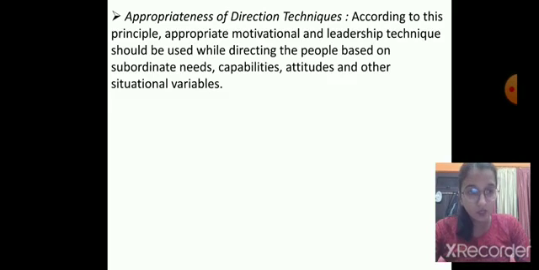So according to this principle, appropriate motivational and leadership techniques should be used while directing the people, based on subordinate needs, capabilities, attitudes, and other situational variables. For example, for some people, money can act as a powerful motivator, whereas for some people, promotion may act as an effective motivator.